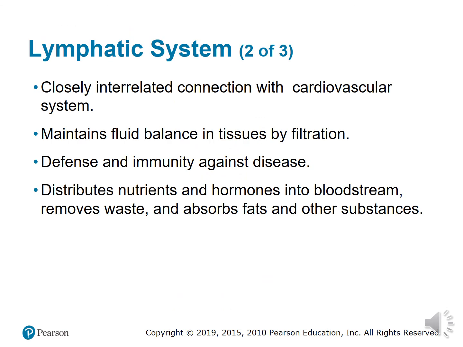Closely interrelated connection with the cardiovascular system, maintains fluid balance in tissue by filtration, defense and immunity against diseases, distributes nutrients and hormones into the bloodstream, removes waste and absorbs fats and other substances.